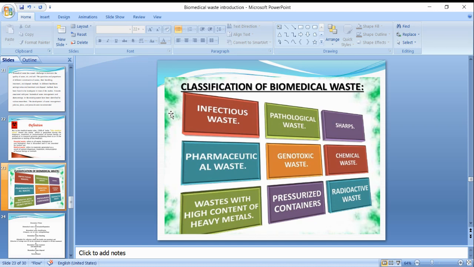Genotoxicity is nothing but chemicals that damage the genetic material. Those will be at the research centers, for cell formations and genetic formations, they will use those. From those laboratories, next is radioactive waste and also pressurized containers.